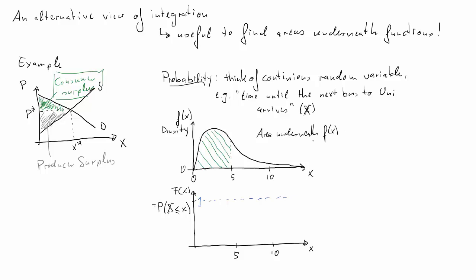Now, the green area represents the probability that the outcome is anything between 0 and 5. And let's say that's 0.6. Eyeballing it could be right. Let's say that's 0.6, 60%. So in the probability function, that value is about here, a little bit over halfway, 0.6. Let's look at a second value. Let's ask the question, what's the probability that the bus will take less than 10 minutes?